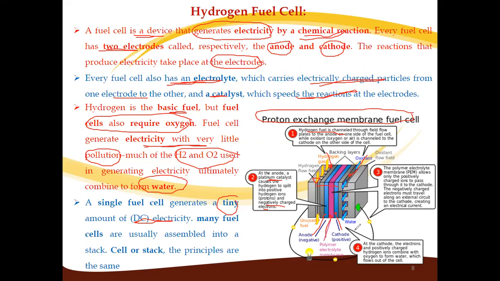At the cathode, the electrons and positively charged hydrogen combine with the oxygen, which forms water, and this water flows out of the fuel cell. So this is one type of fuel cell, the proton exchange membrane fuel cell.